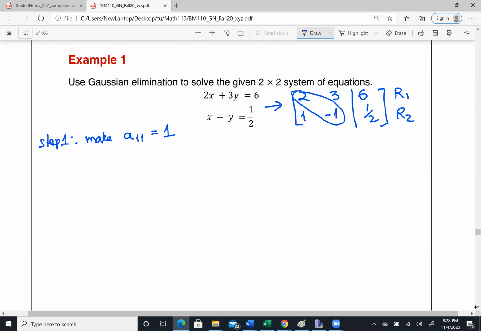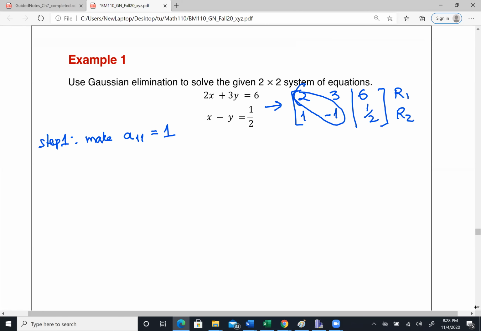So what is A11 here? A11 is the element in the first row and first column, right? See that? So how can I make it?